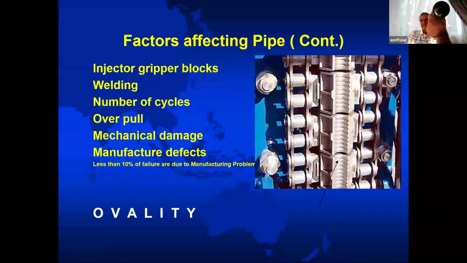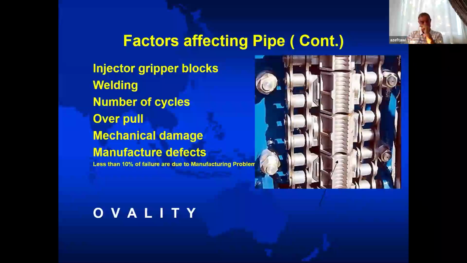Round means it has one diameter. After the first run in the hole, the pipe is not round. The pipe is oval. You will not see this with your naked eye. You can measure it through digital gauges and instruments, high quality instruments.